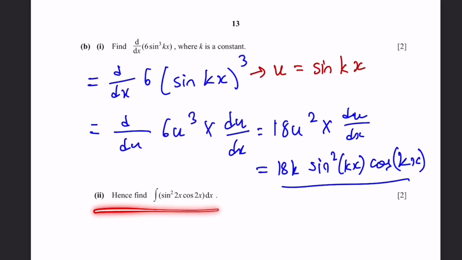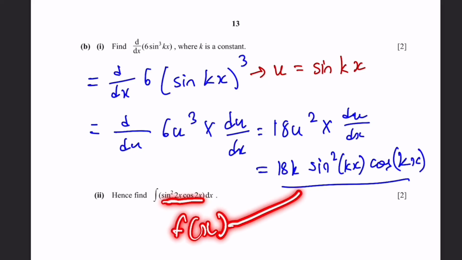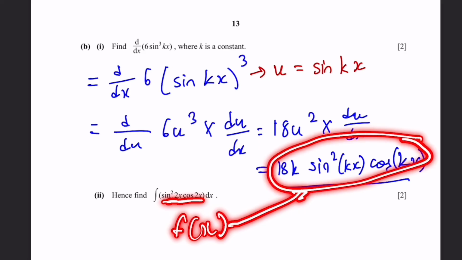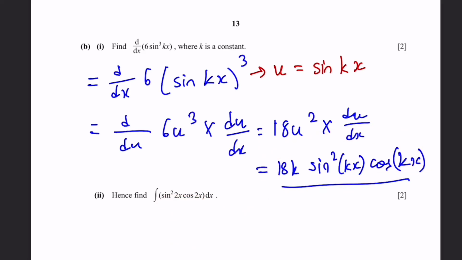Now for part 2. Hence, find the integral of sine squared of 2x cosine 2x dx. Well, let's just say this function is f of x. It is suspiciously similar to what we have over here. Just substitute k equals 2 and we'll get an almost exact version of the same function.